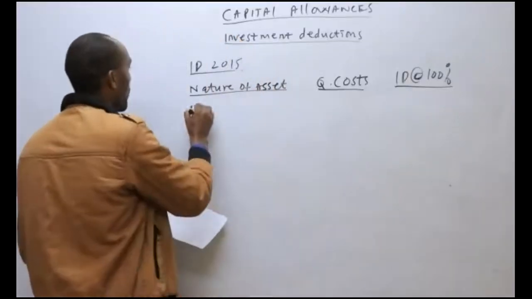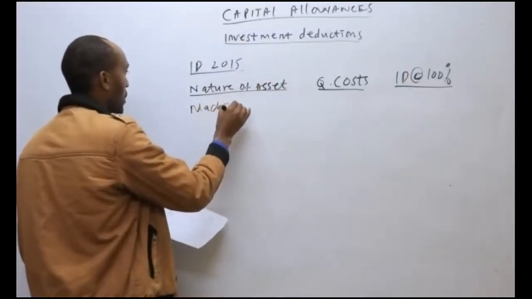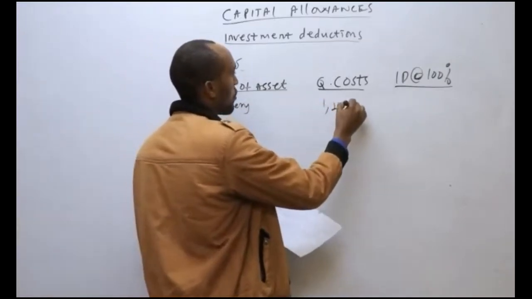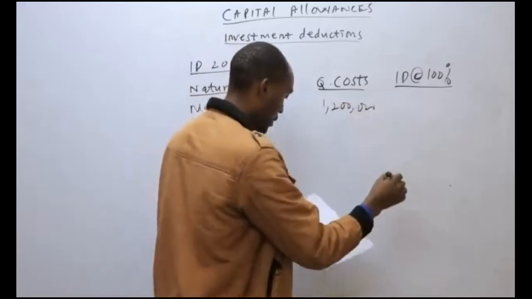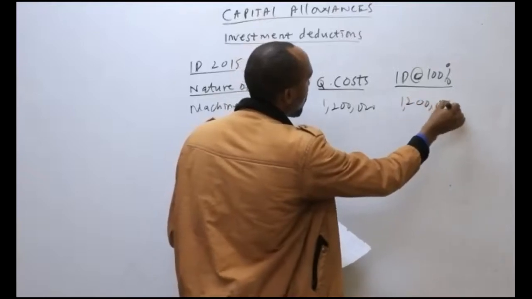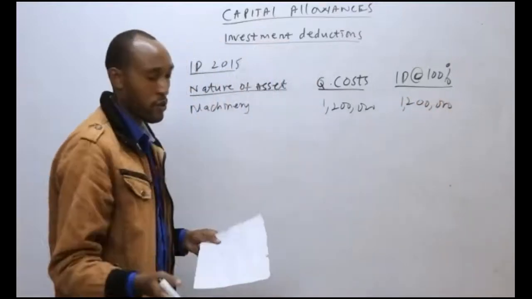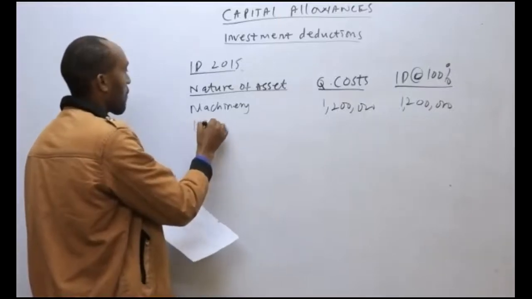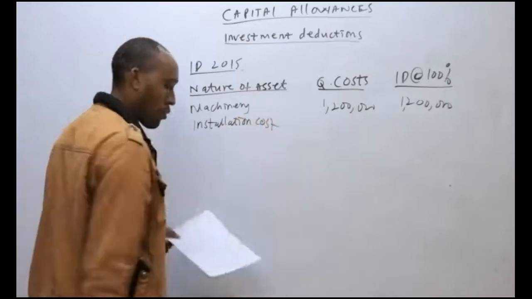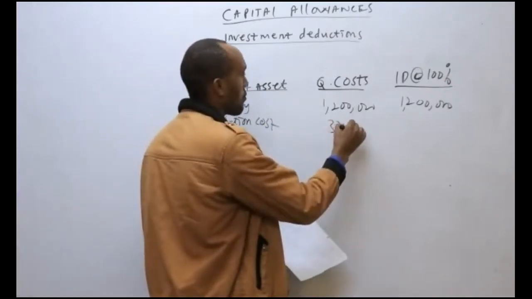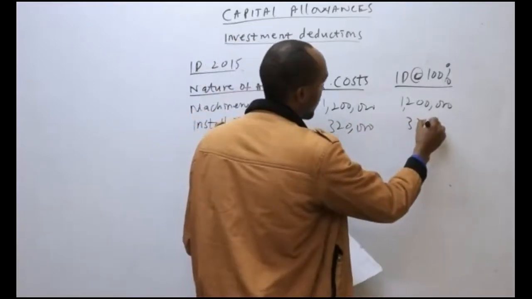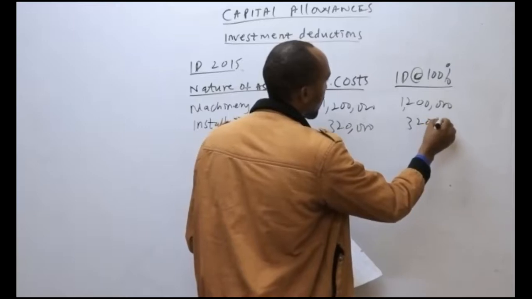So we have machine which was bought, and the qualifying cost is 1.2 million. Okay, so 100% is also 1.2 million. So we also have installation costs. Okay, so it was 320, and 100% is 320,000.